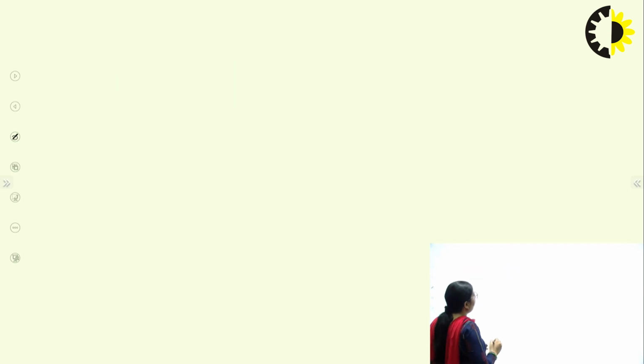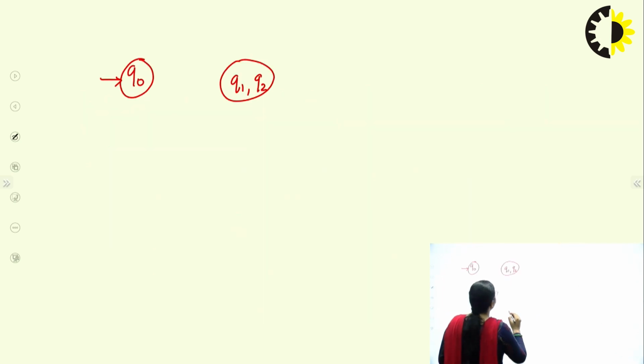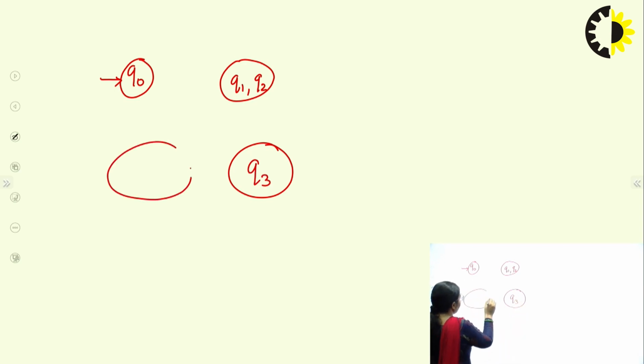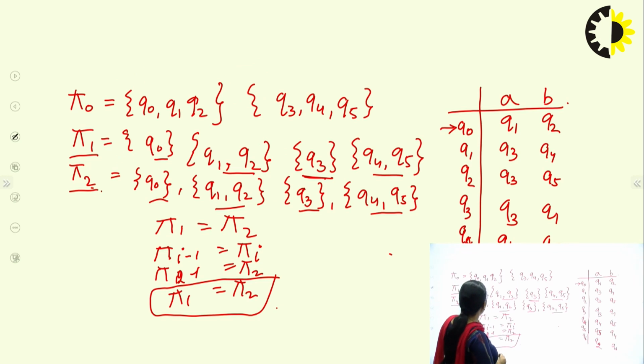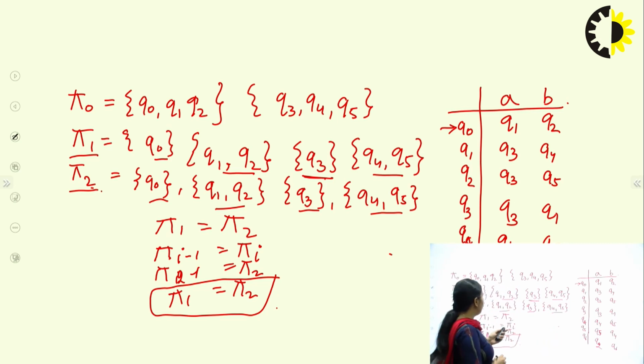Then another state is Q3, and the last state is Q4 and Q5. Let's check whether we have marked all the states Q0, Q1, Q2, Q3, Q4 and Q5. We have marked all the states.